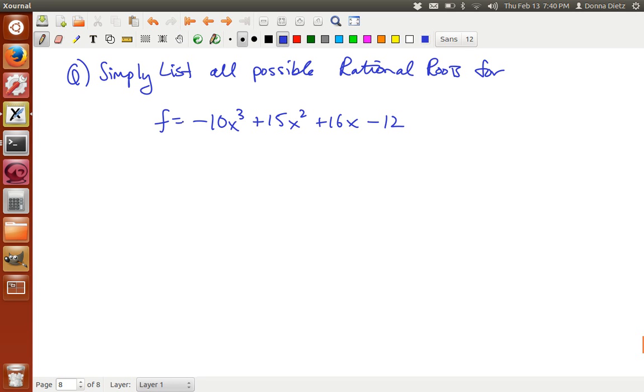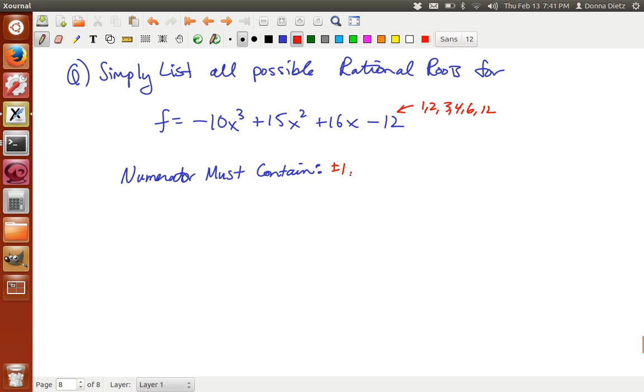Okay, and the way it works is the numerator must contain, and honestly I don't expect you to list them all, the numerator must contain a factor of this guy, which is 1, 2, 3, 4, 6, or 12, right?